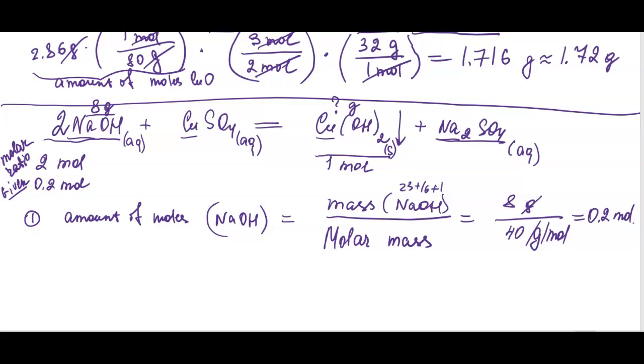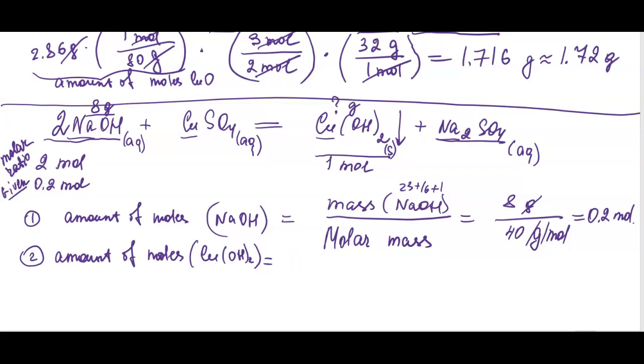And now we can calculate the second step. We can calculate the amount of moles for copper hydroxide, right? We have a molar ratio 2 to 1. 2 moles. Oh, no, I'm sorry.